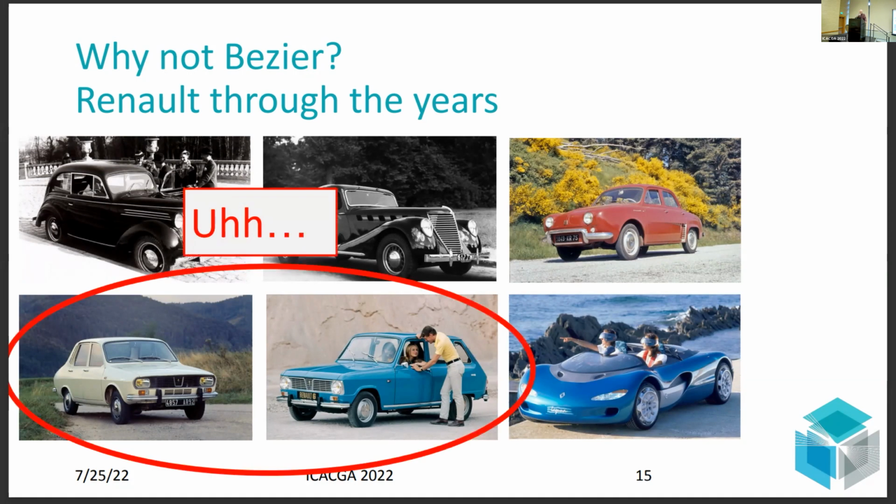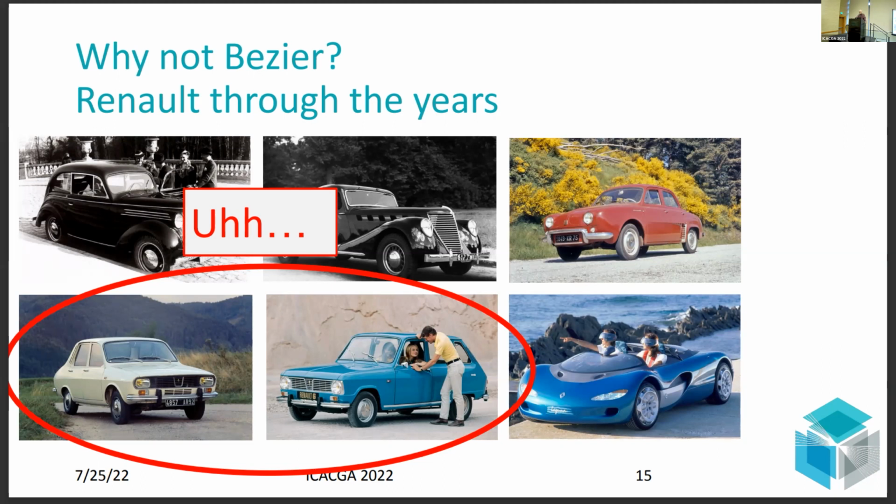So there was a period in the early 70s where Renault's brand mark took a nosedive. It became known as sort of the down market commodity car, if you wanted to buy. And the reason for that was because everything was made with Bezier patches.